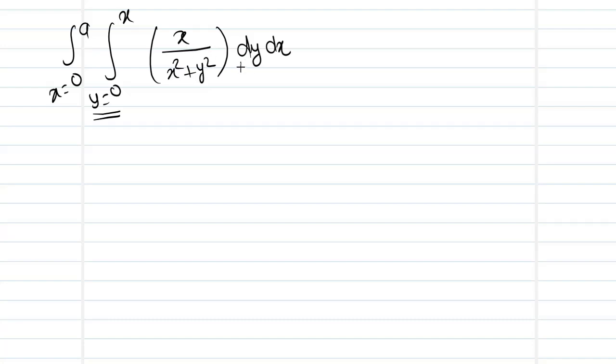When I am going to integrate with respect to y, treat your x to be constant temporarily. So what we have is 1 divided by x, which is a constant, so I can ignore it.